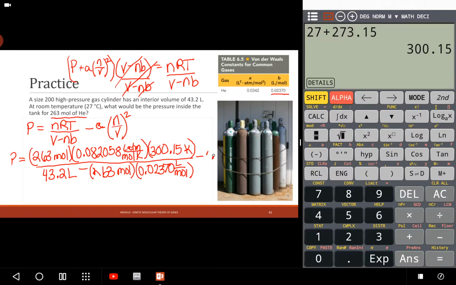That's 0.0342 liter squared atmosphere squared per mole squared.